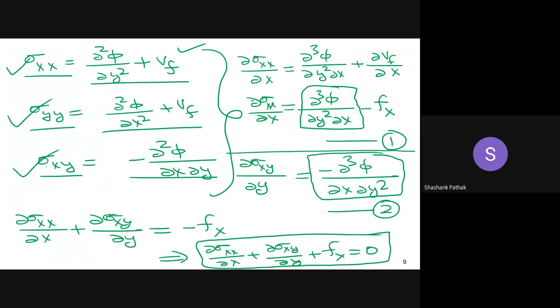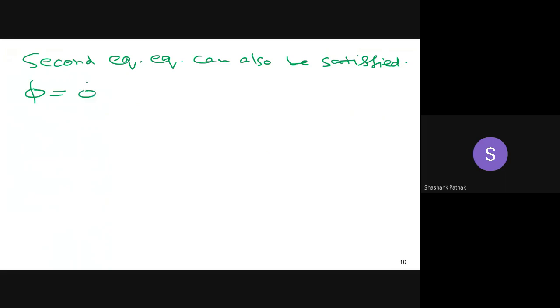Similarly, using the same approach, the second equilibrium equation can also be satisfied. So phi, which is a function of x and y, is known as the Airy stress function.